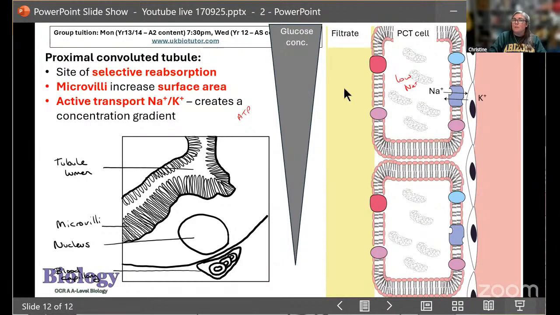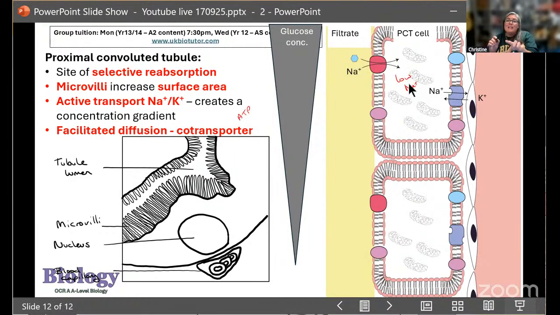Because we've pumped our sodium out, sodium is going to flow down its concentration gradient, and it's going to come in through a co-transporter. Because it's coming in through a co-transporter, it's going to bring along glucose with it. So the co-transportation is the sodium and the glucose together moving into the proximal convoluted tubule cell, because the sodium is going down its concentration gradient.